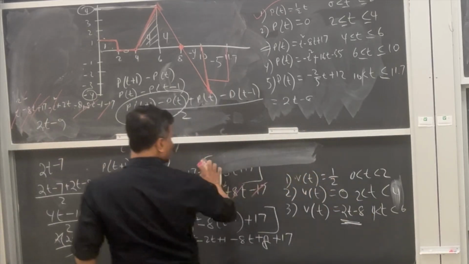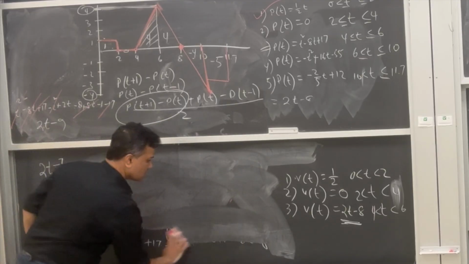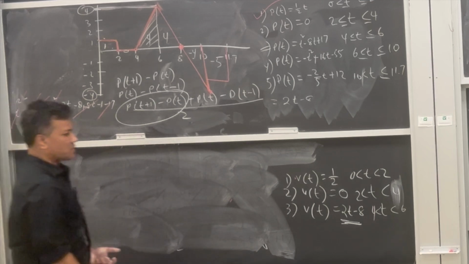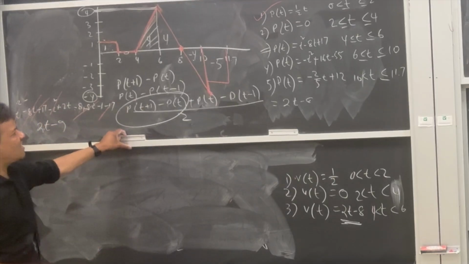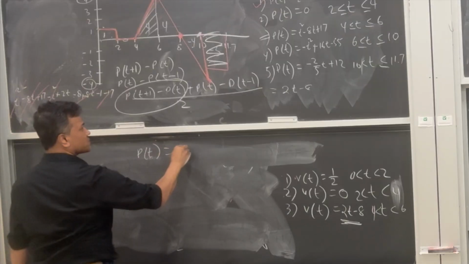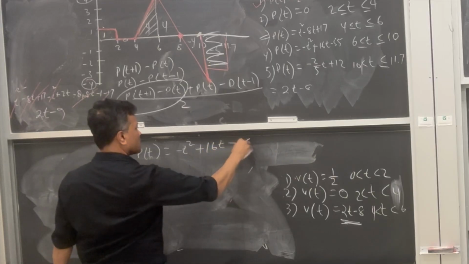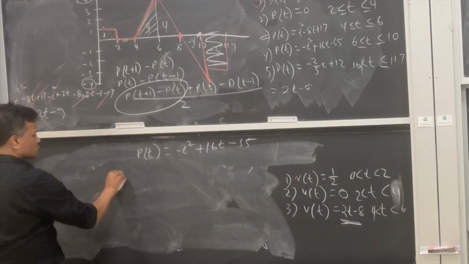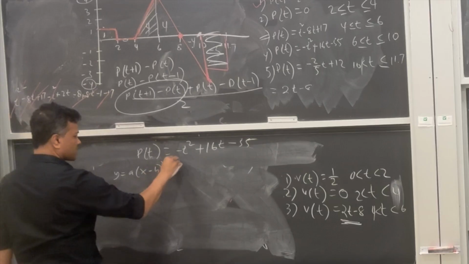The last one we're going to do now is this one, equal to negative t squared plus 16t minus 55. We're going to use the vertex formula, y equals a times x minus h squared plus k.